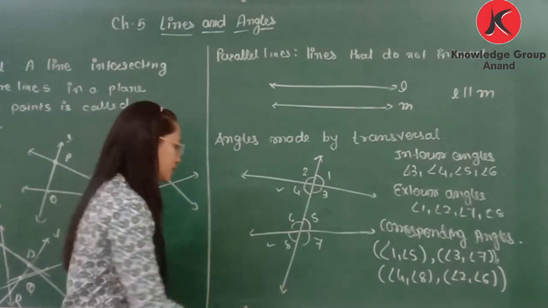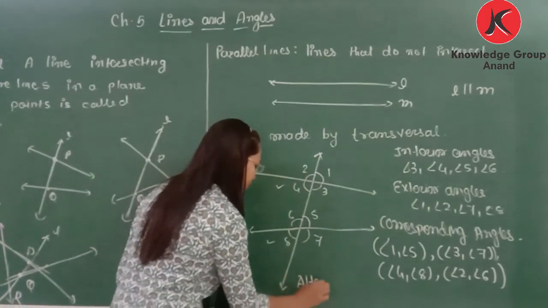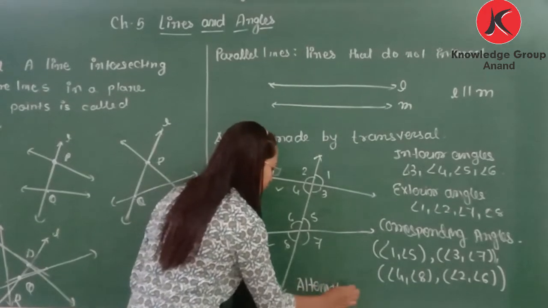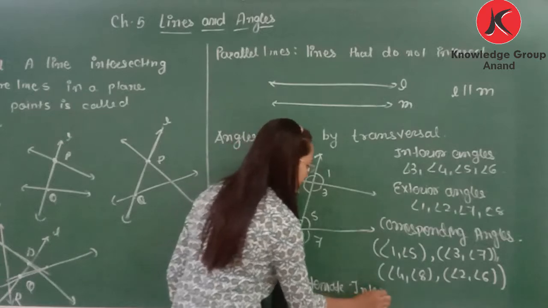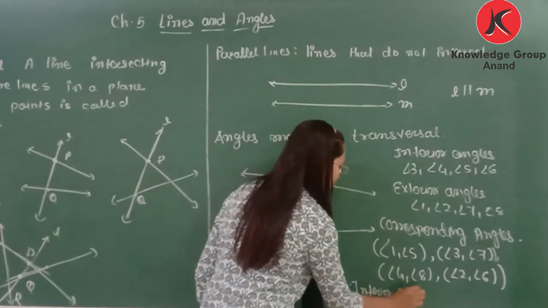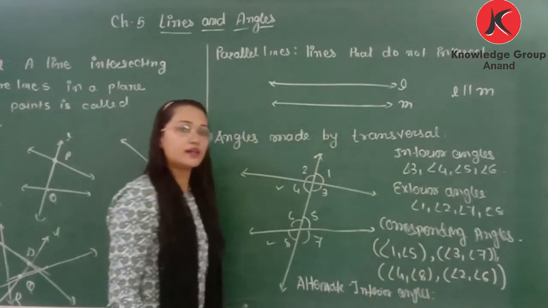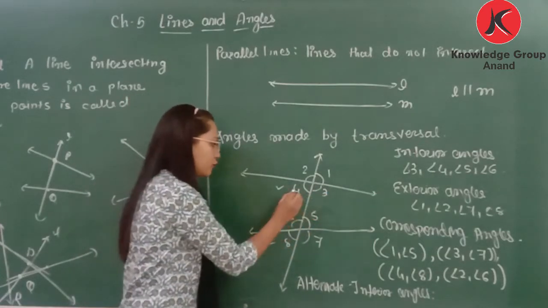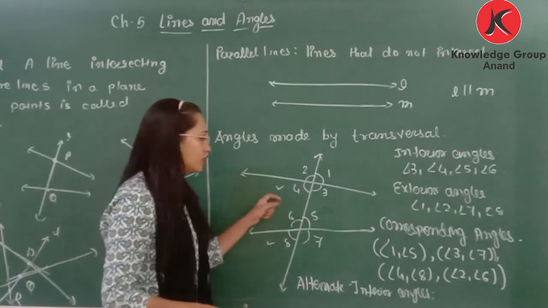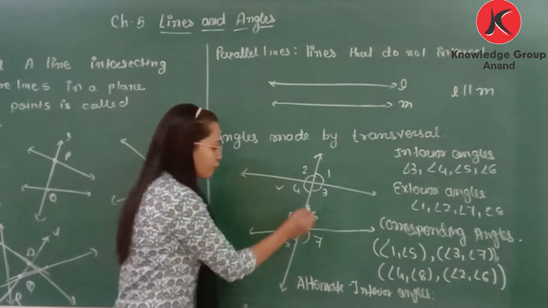Now alternate angles. Alternate interior angles. So which are alternate interior? The interior angles are angle 3, angle 4, angle 5, angle 6. In that, which are alternate? 4 and 6.